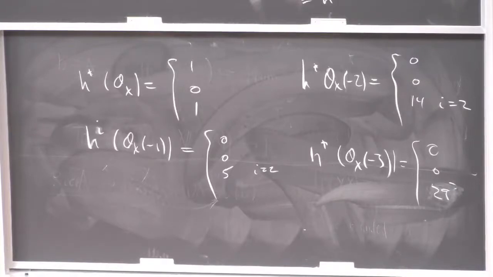And now what are we going to do for the cohomology of omega X? Well, first of all, we have the normal sequence.